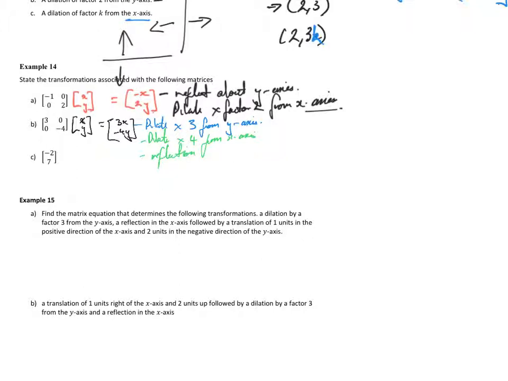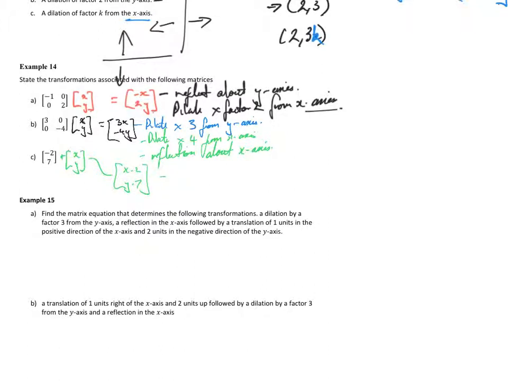A reflection, the y value is affected, so it's a reflection about the x-axis. The last one there is a little bit misleading. All we could really assume there, because the only way we can work with that particular matrix is to add and subtract, is x minus 2 and y minus 7.